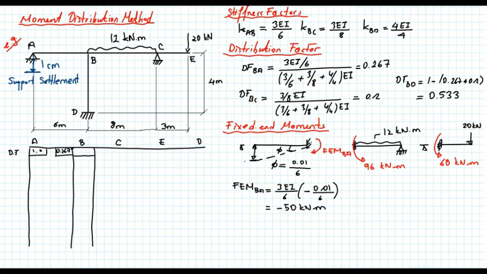This column is BD. So 0.533 here. And this distribution factor is 0.2. Let me move point C a little bit to the right. So C in here. The distribution factor at point C, I got 1.